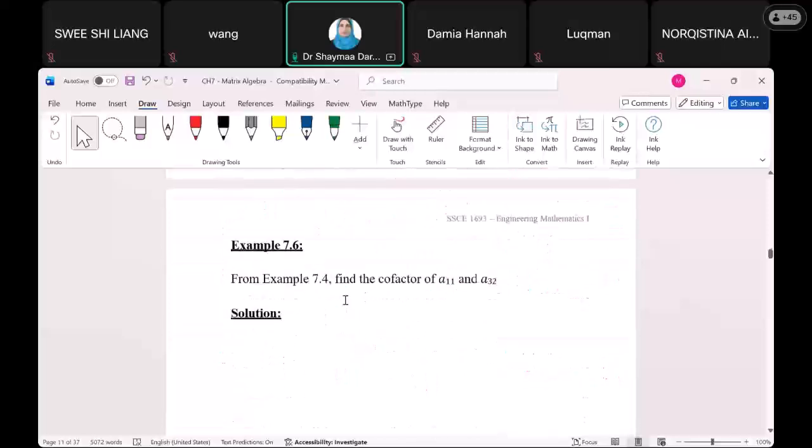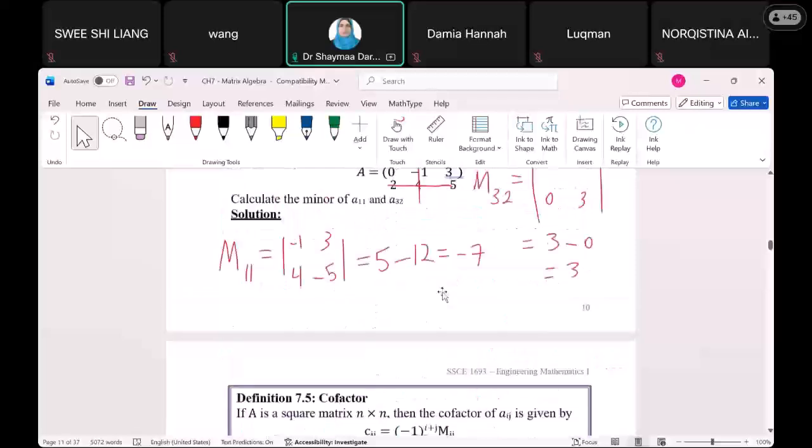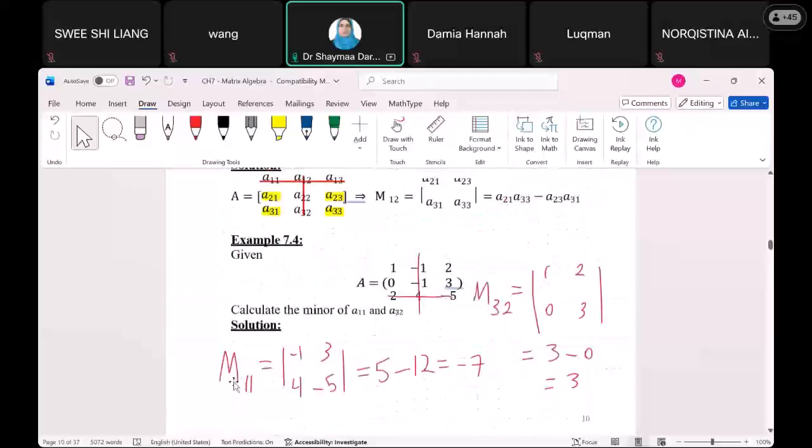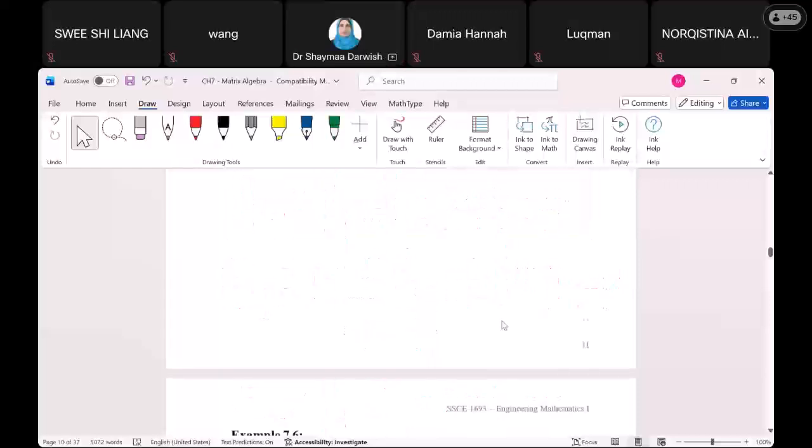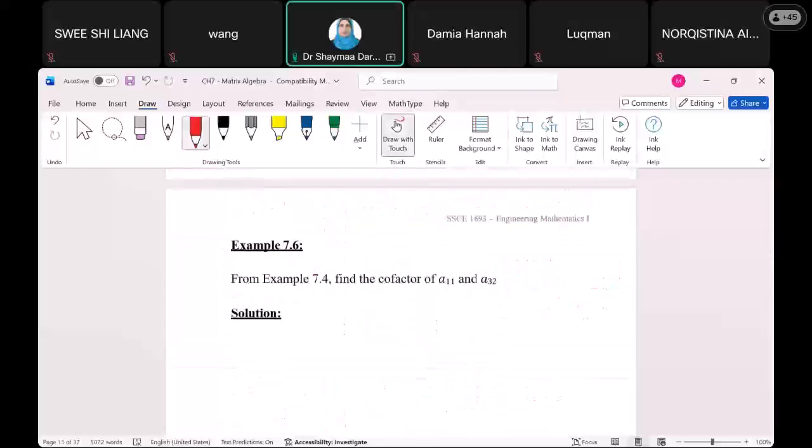Okay, for example, finding the cofactors for A11 and A31. Because we already found the minors M11 and M31, we need to find the cofactors. First C11. C11 will be minus 1 to the power 1 plus 1 times minor 1, 1, which is minus 1 to the power 2.